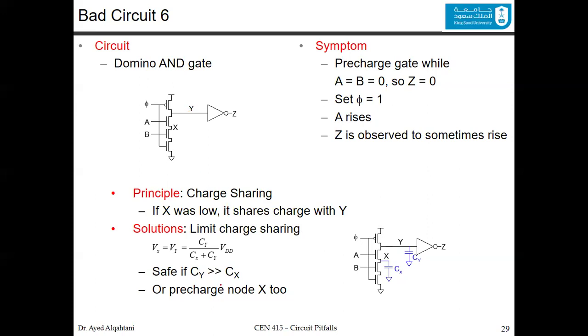If it is not, then one solution is to precharge X too. So you connect a PMOS here, and whenever you charge Y, it should be connected to phi as well. Whenever you are charging Y, you charge X as well. This way, X doesn't take anything from Y.